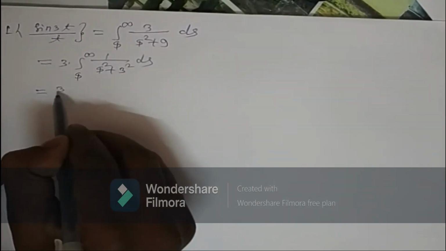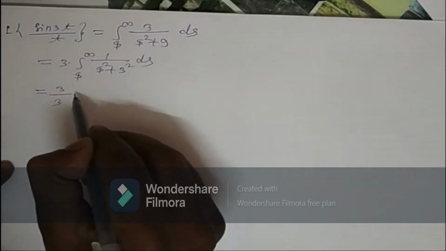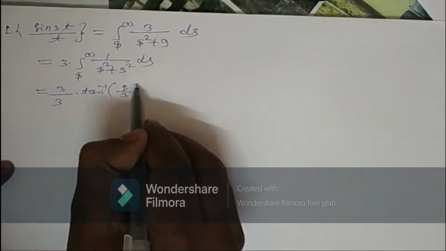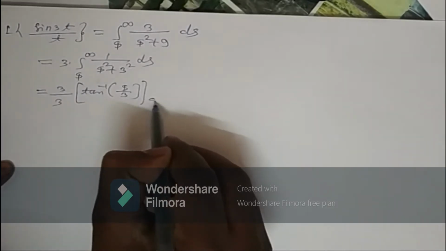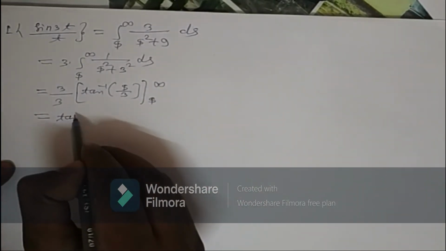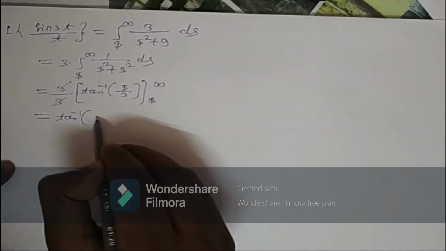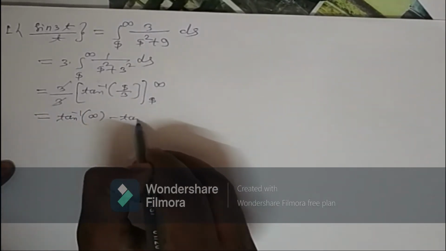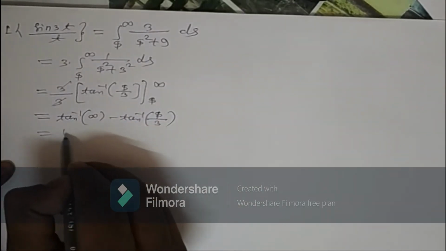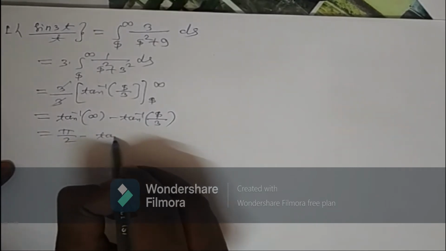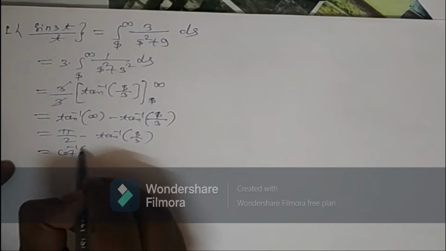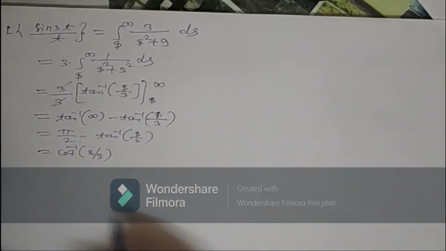By using the formula, 3 into 1 upon a, that is 1 upon 3, into tan inverse of s upon a, that is 3, with limits from s to infinity. So this 3 gets cancelled. What do we get? Tan inverse of infinity minus tan inverse of s upon 3. So this is pi by 2 minus tan inverse of s by 3. What is this? This is cot inverse of s by 3.